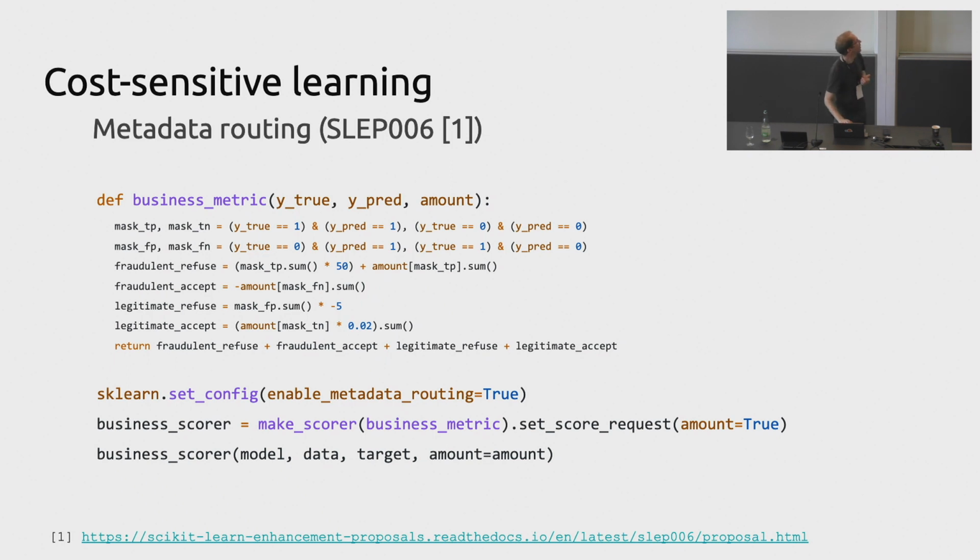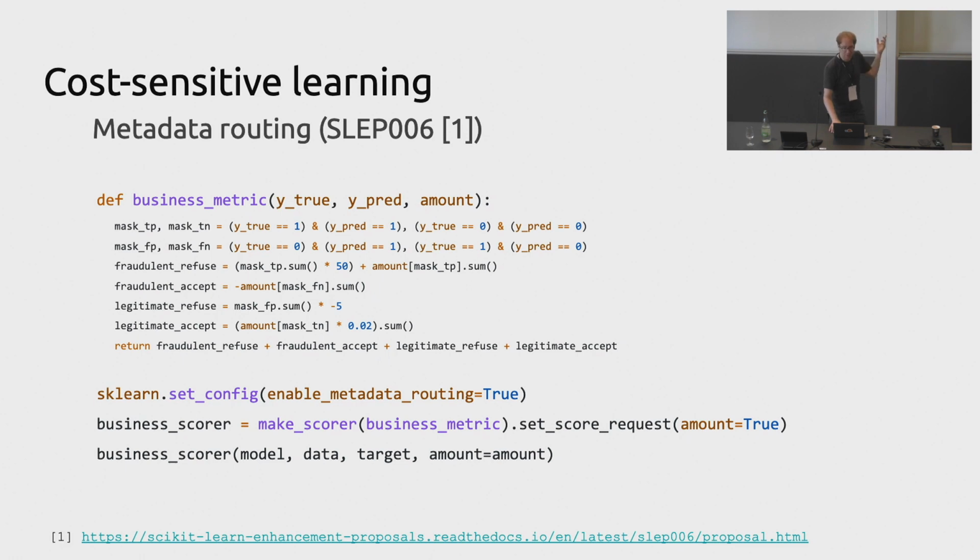Here we create a scorer where we say that we will send you a new piece of information, an amount that corresponds to what you have in the signature. To use it, you call the scorer, provide the model that you want to evaluate, the data that you want to test on, and then this extra information, which is just an array of the same size, okay?